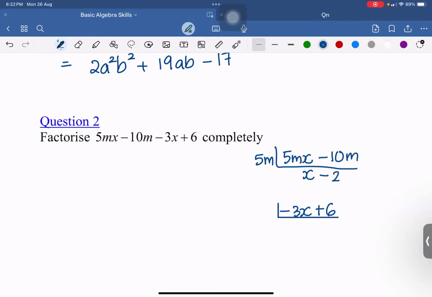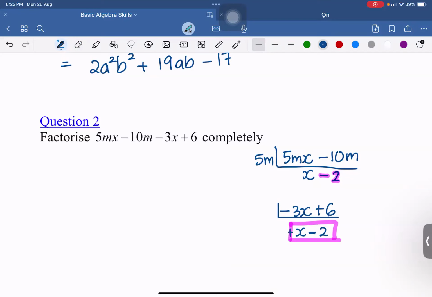We notice this is x minus 2. We must try to get the same thing over here. I must try to get x minus 2. What should I factorize out so that it'll be positive x minus 2? This is negative 3x, but I want positive x only.